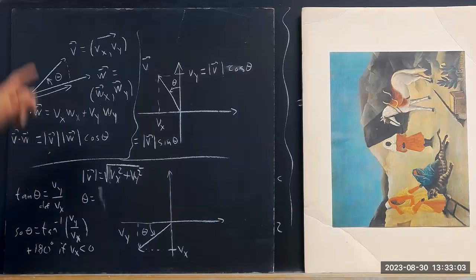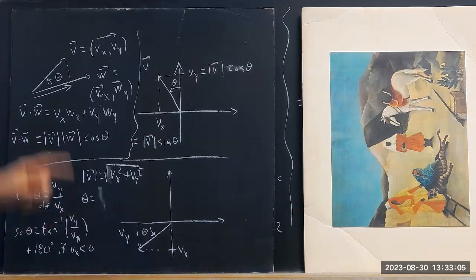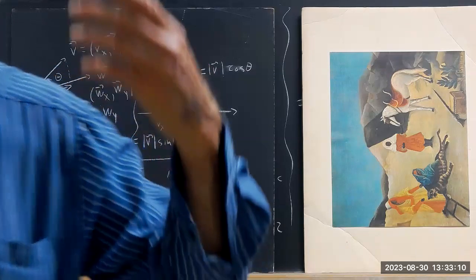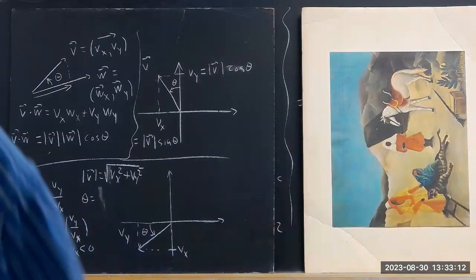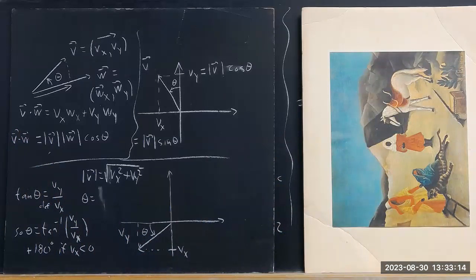And all it is is V cosine theta multiplied by a unit vector in the direction of W. Get a unit vector by dividing W by its magnitude. There you have it. And you don't have to understand what I just said, but in case you do, that's just to jog your memory a little bit, okay? Don't want to spend any more time on it than that.